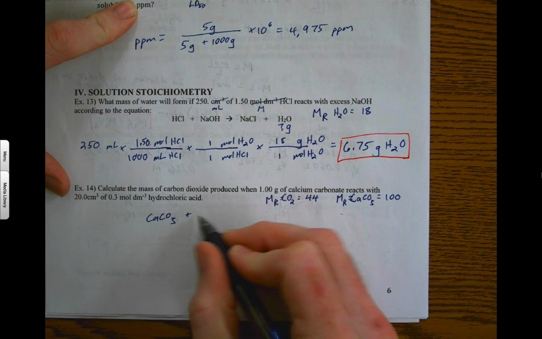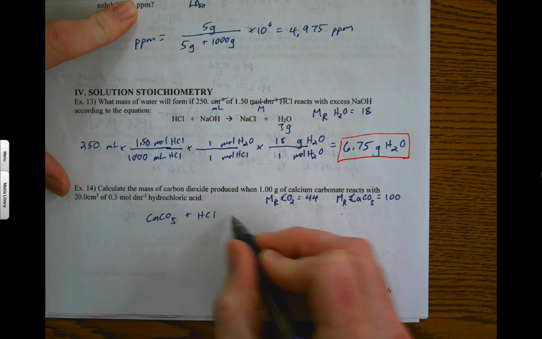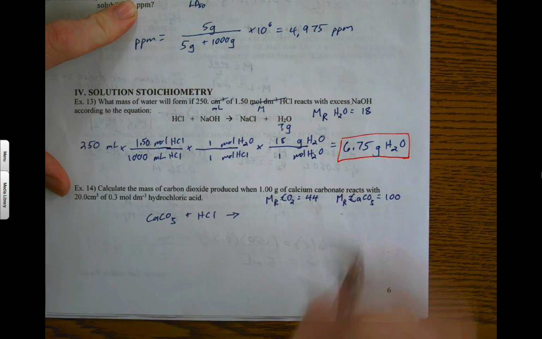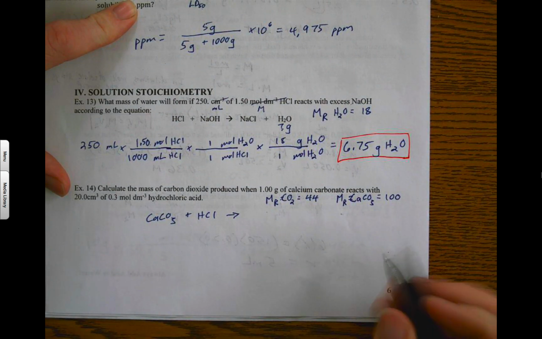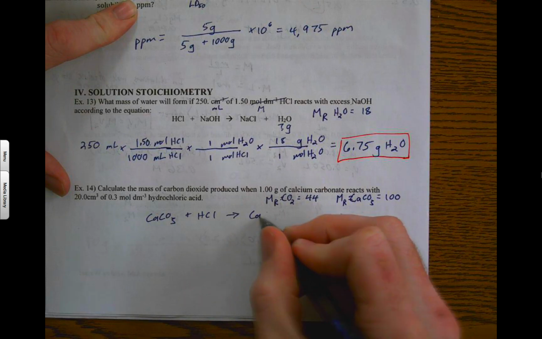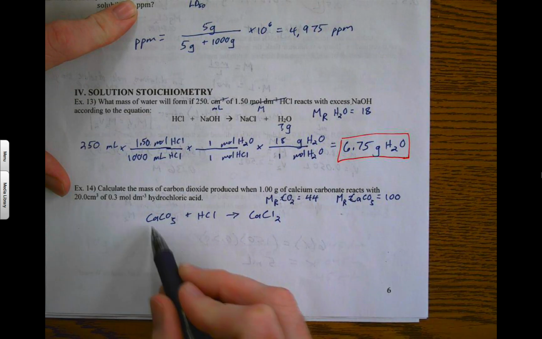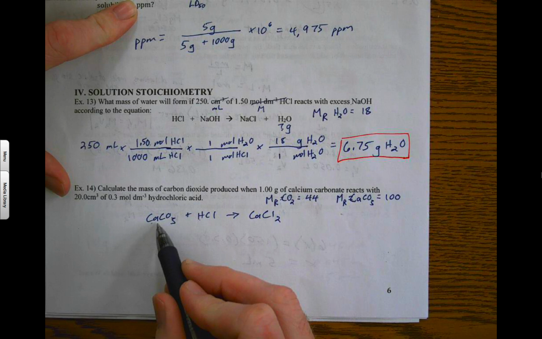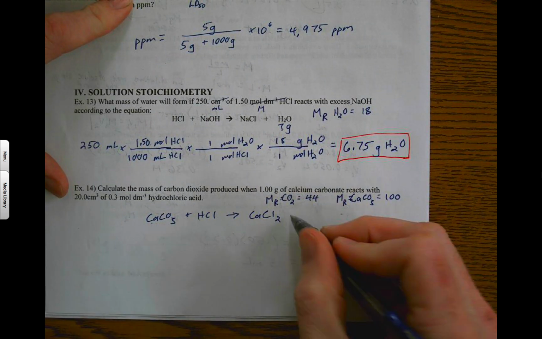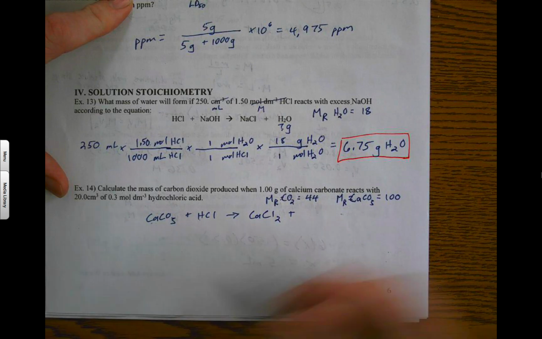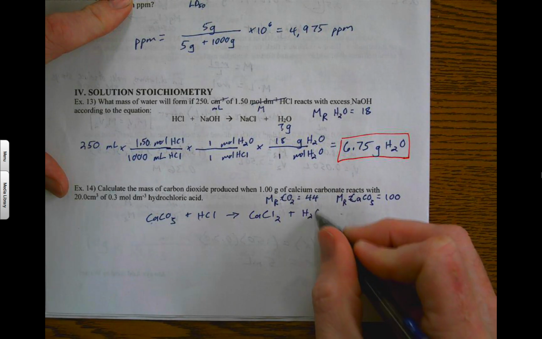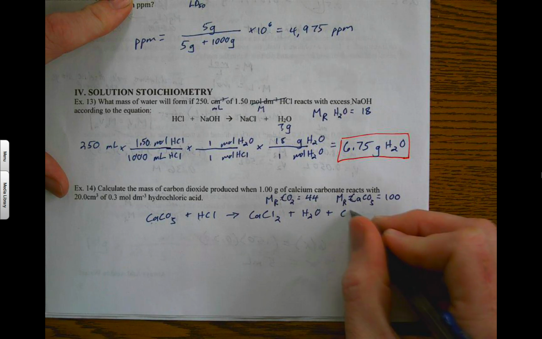Calcium carbonate plus hydrochloric acid will react, and this is actually something we'll do in acids and bases, where we'll make this equation, but that's going to make calcium chloride. Those metals switch places, so the hydrogen and the calcium switch places, and it's going to make H2CO3, but it's actually really going to make water and carbon dioxide.